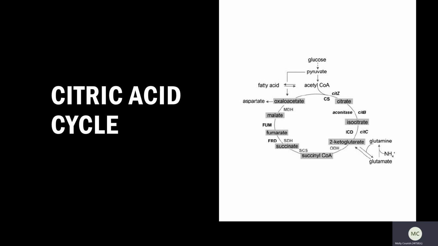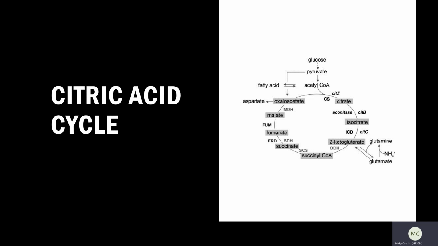Here is a look at what the citric acid cycle looks like. In gray, you can see the products of each step, and underneath them are the enzymes that will be used to catalyze each step of the reaction. In total, the citric acid cycle has 8 steps, or 8 reactions that combine together to create the full cycle.